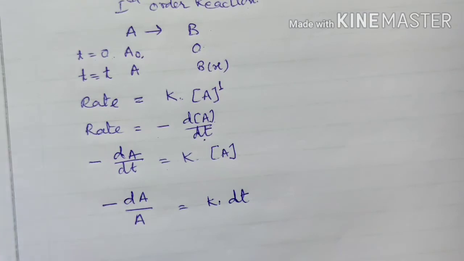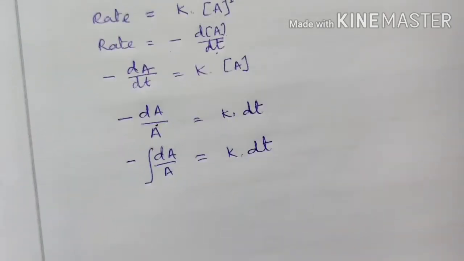This is the separation of the variables, because we will integrate dA with respect to A and dt with respect to t. So in this way we can write this equation for the rate, and then we integrate it. Now for the integration we can write minus dA upon A, integrate, is equal to K into dt.